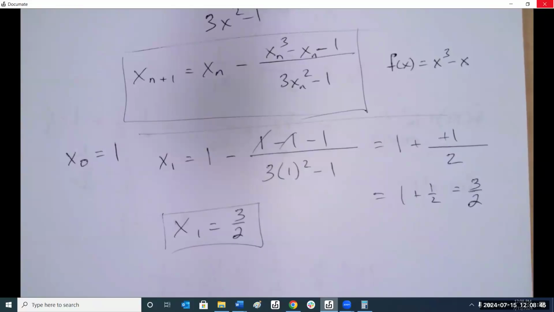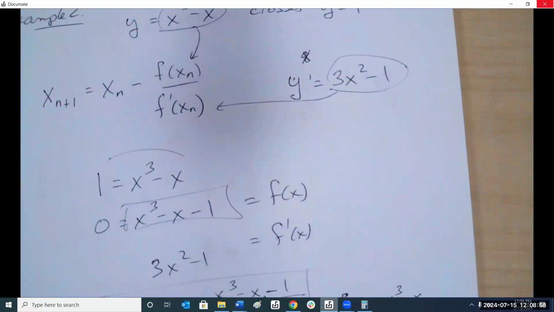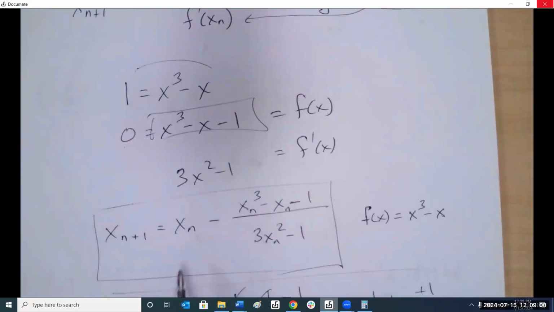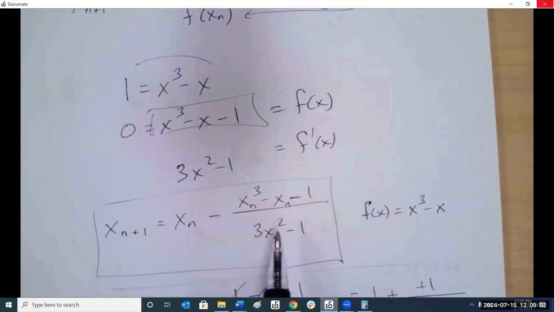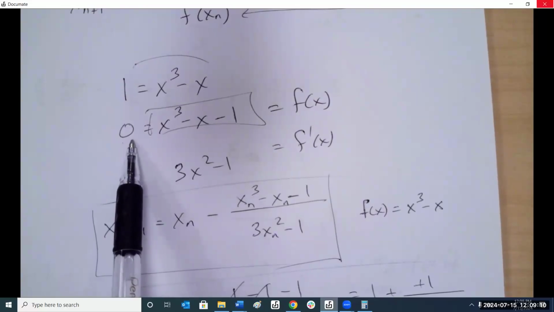I have a question. Yes. If f of x equals x cubed minus x, or x cubed minus x minus 1. Right. Because in order for us to use this formula, we had to make f of x equal 0. So it has to be equal to 0.